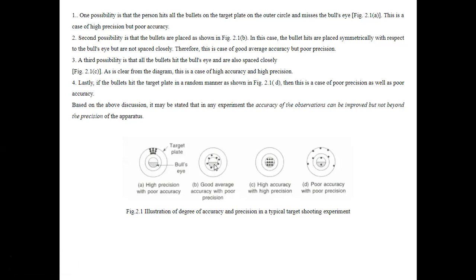Whatever bullets are shot near the bullseye, but they are scattered. Therefore, you can say that good average accuracy with poor precision.